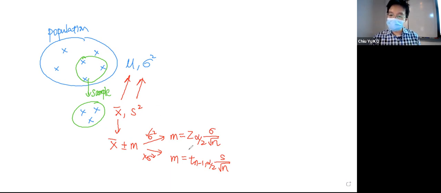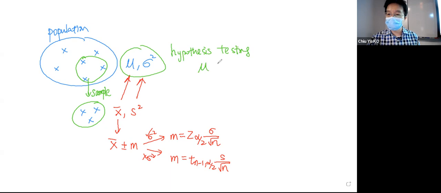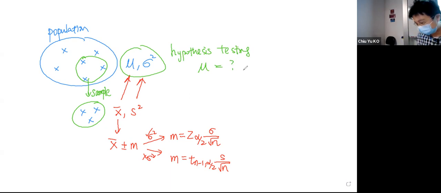So that means that I have the interval, and the idea can be extended to what we are talking about in this class. This topic is about hypothesis testing. The idea is we have some claim about, say, mu is equal to some number, and we try to see if the data support what we claim.